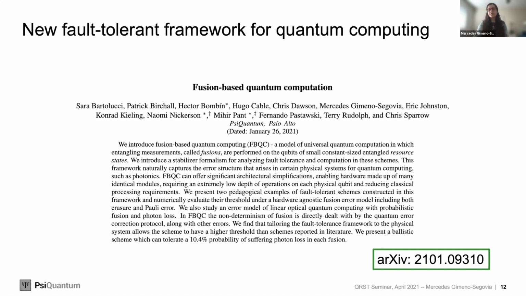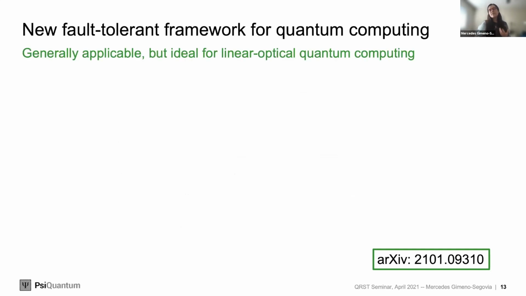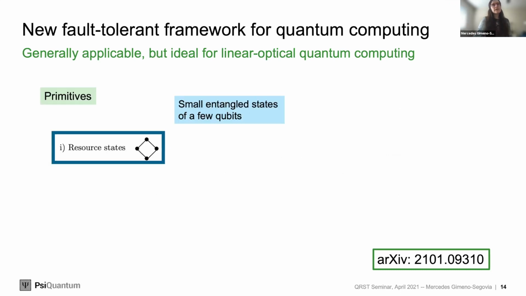So if you're interested, a lot more detail than what I'm going to talk about is going to be in that paper. And the interesting thing about this framework is that even though it was inspired by photonics, because that was the particular platform we were working in, it's really generally applicable.